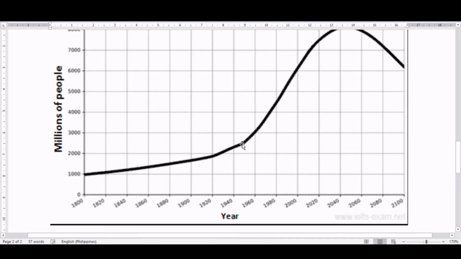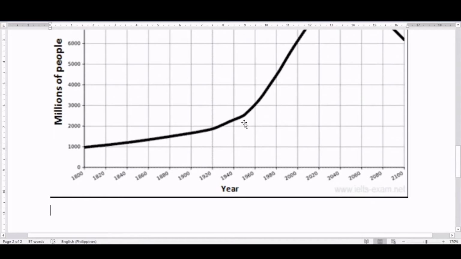That will be the first part. Now I think this is the 1950 figures, where the noticeable baby boom trend began. All those 3 points will now be the first body paragraph.